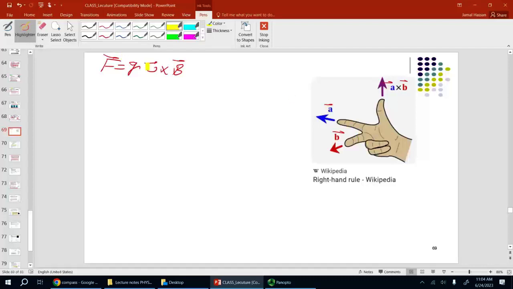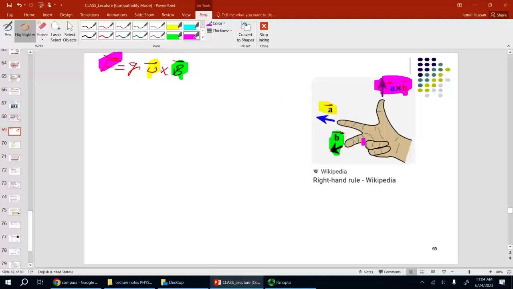In this case, v is the first vector, B is the second vector, and the resultant is this one. Again, q does not change anything. So this is one other way to get the direction.